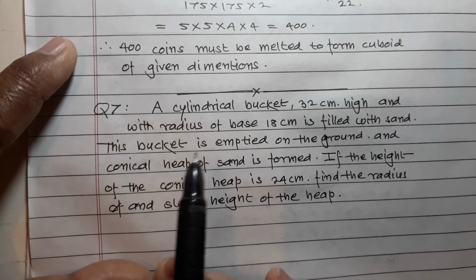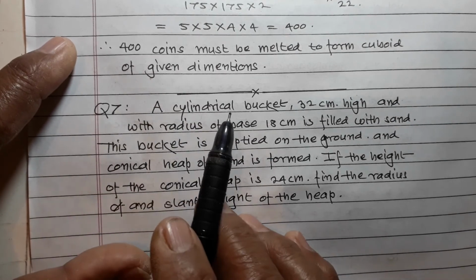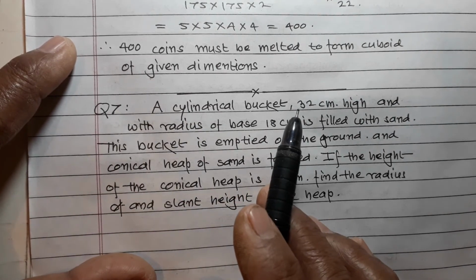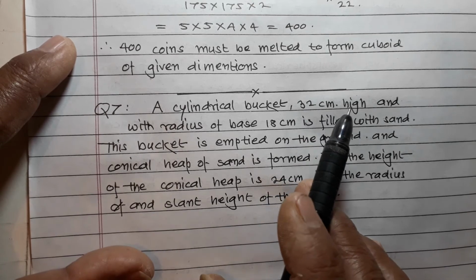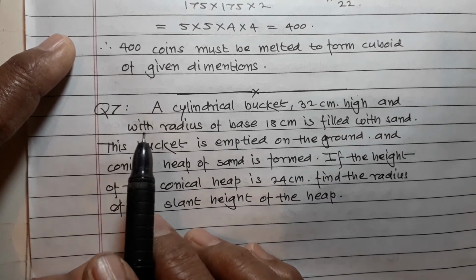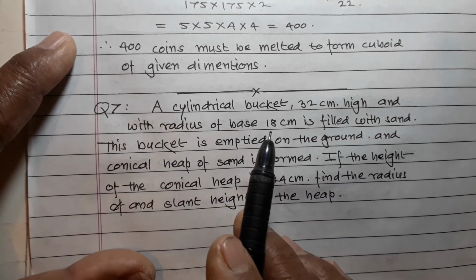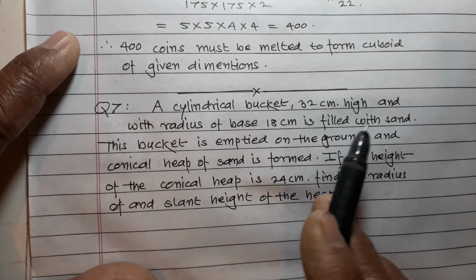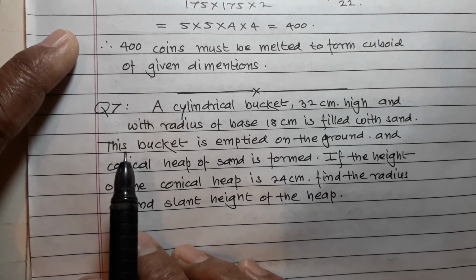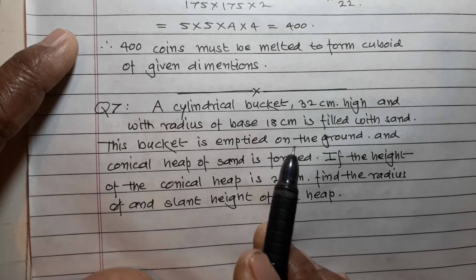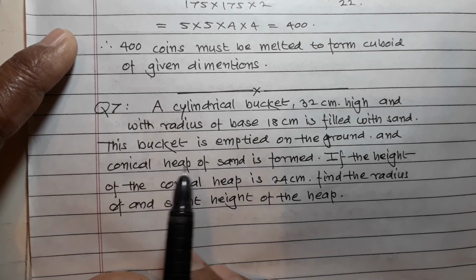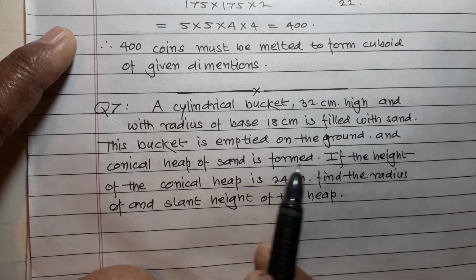Question number 7. A cylindrical bucket 32 centimeter high and with radius of base 18 centimeter is filled with sand. This bucket is emptied on the ground and a conical heap of sand is formed.